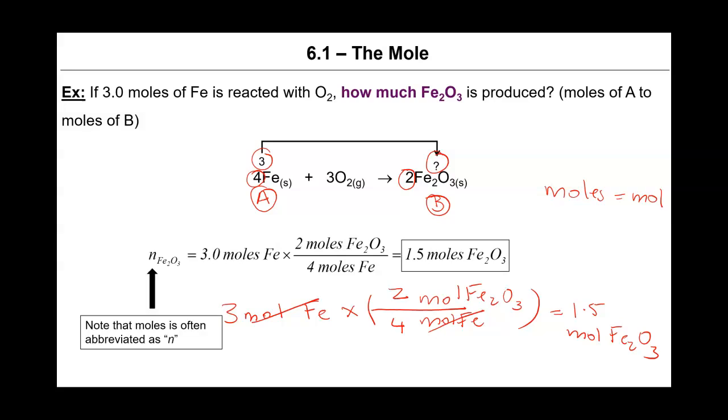Okay. It's also worth pointing out that n is used consistently to indicate the number of moles of something, and then often people will follow that up with the formula as a subscript to make it clear what it's the number of moles of. You don't always see that symbolism, but it's pretty common.